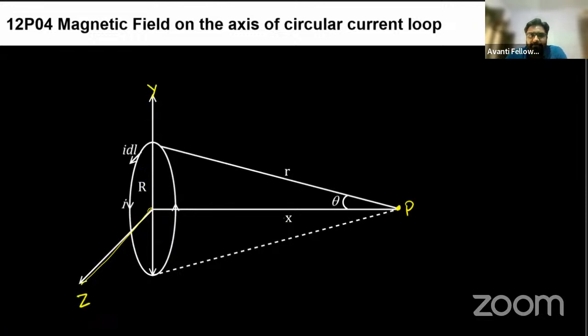The radius of the loop is R, and we have considered a very small current carrying section, or current element I dl, in this direction. We connect this point P to the element, the same as we did for the line charge, with this position vector r. The length from the center to that point is x, and this capital R is the radius of the ring, and this r is the position vector from the element to the point.